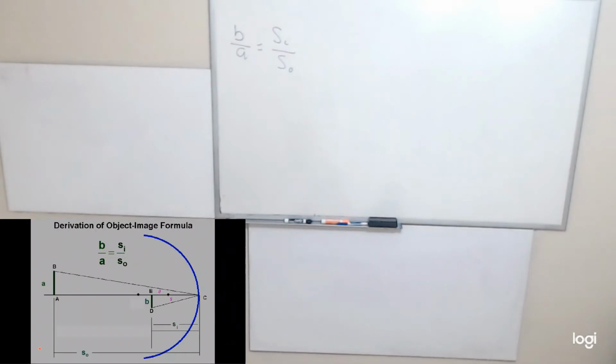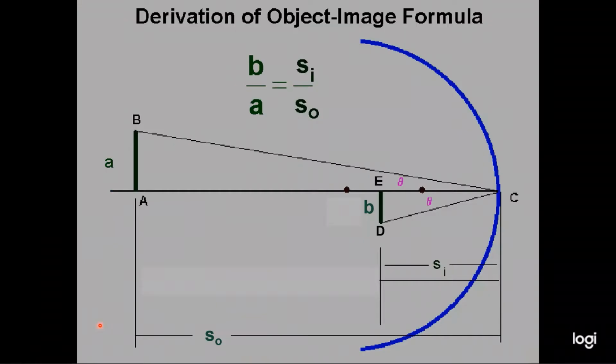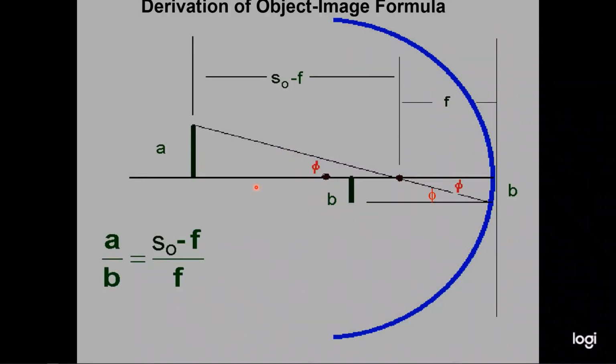Now I'm going to use this same scenario, but I'm going to draw a different set of triangles. You'll see it in this slide. Now I want to look at this triangle here. This line that you see will actually pass through the top of object B. So we're going to look at this angle phi and this angle phi.